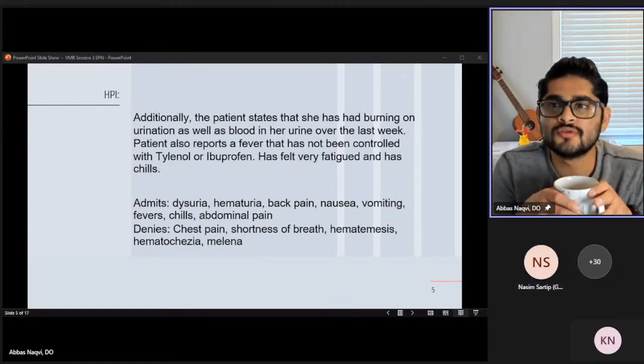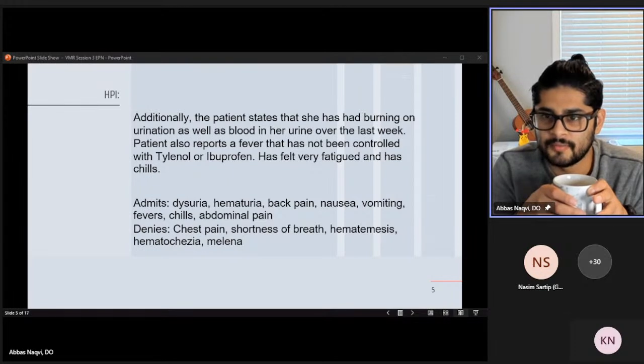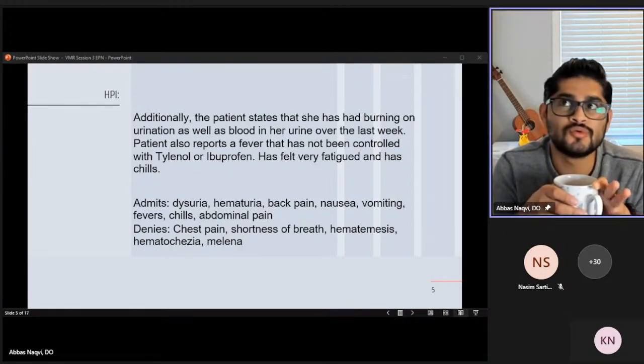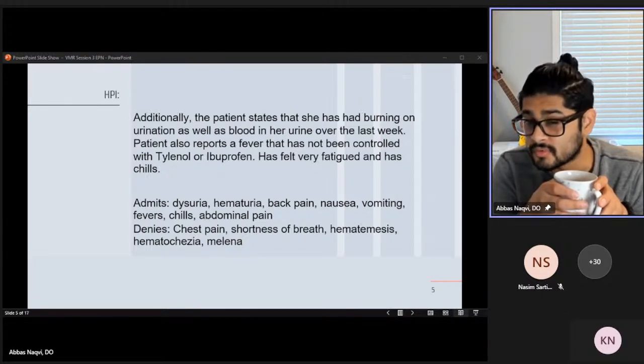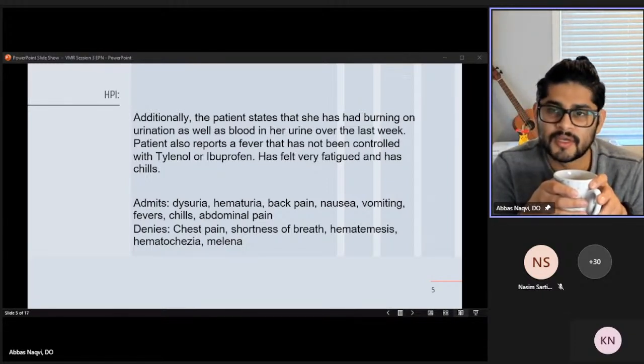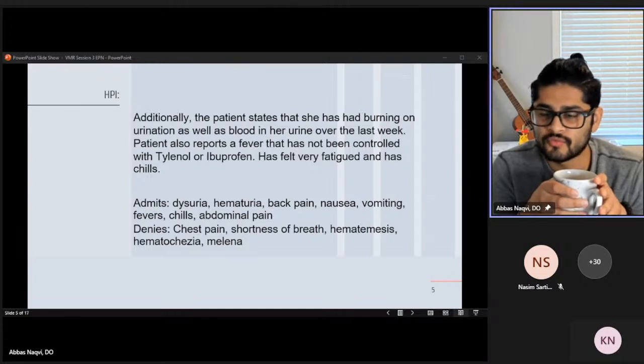So in a traditional UTI, right, if you have never had a UTI before, at some point in your life, most people will have one. But from what you know or from what you've heard, with a traditional UTI, do you typically get fevers?